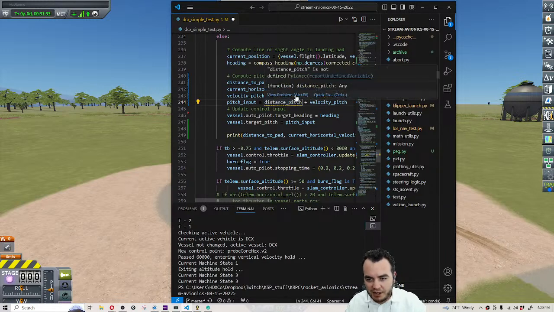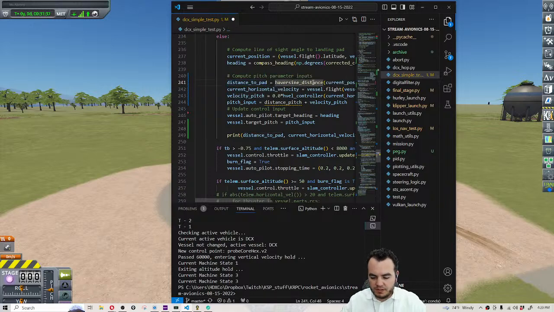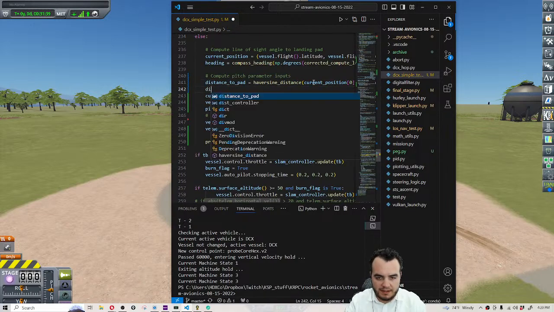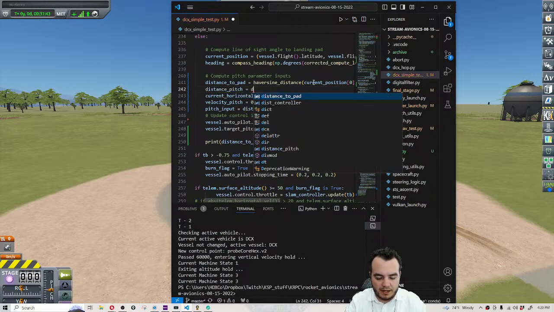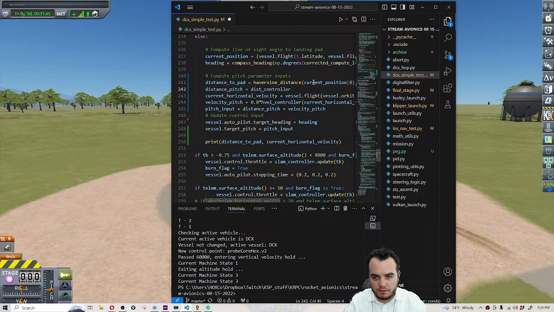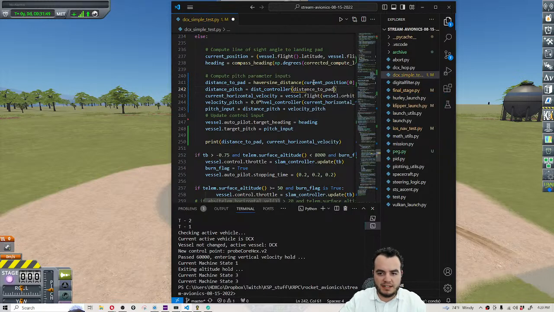So our pitch angle based on our distance to pad. So let's go ahead and do that. So that means distance pitch is actually going to be our distance controller, and we're going to be updating that with respect to our distance to pad.